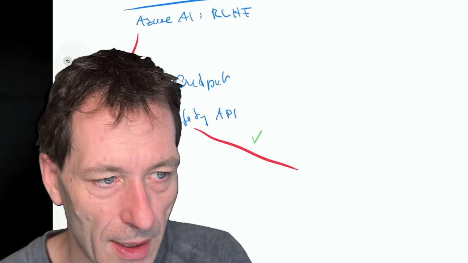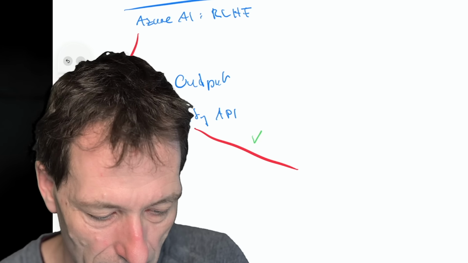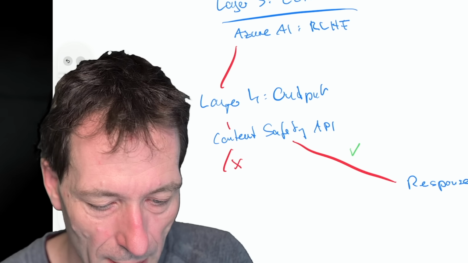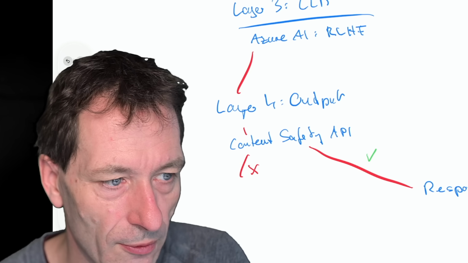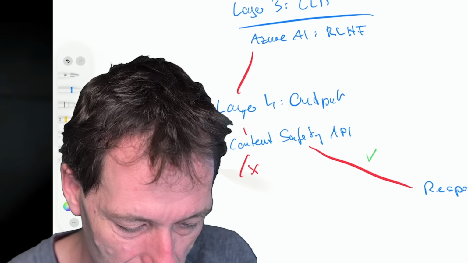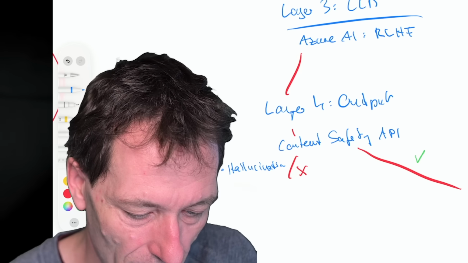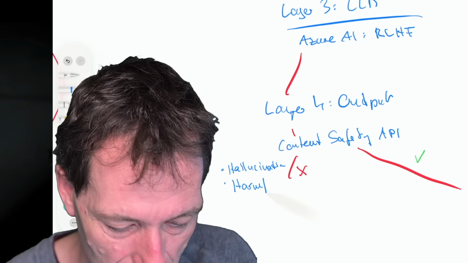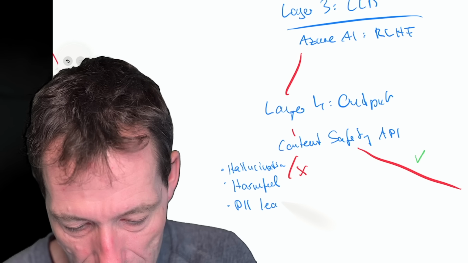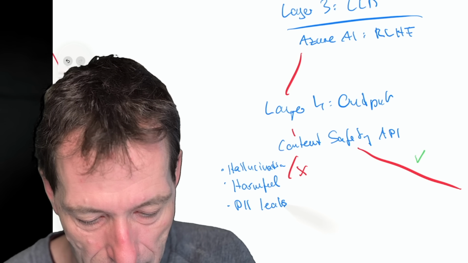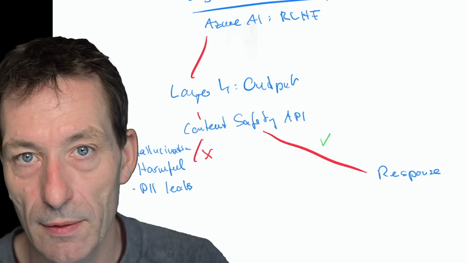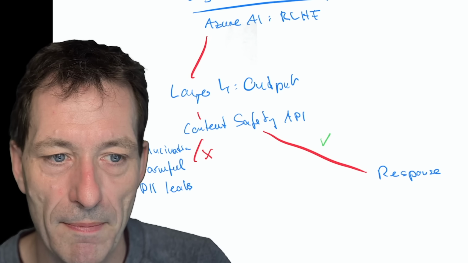And then the response is delivered to the user. Layer 4 checks especially for hallucination, for harmful content, and for PII, personal data leaks. This is layer 4. So this is like the responsible AI, and this is taken very seriously, obviously.